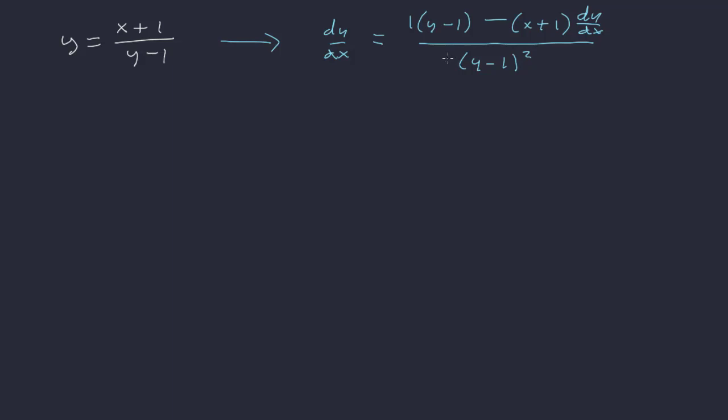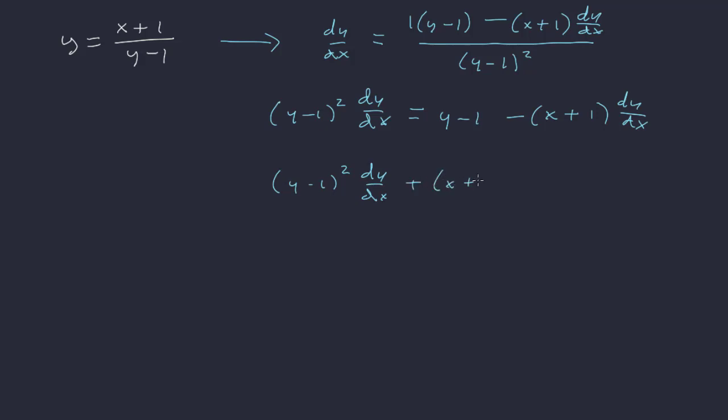Now, it maybe isn't the most difficult thing to do. You can move that y minus 1 squared over to get y minus 1 squared dy over dx is equal to y minus 1 minus x plus 1 dy dx. And then we can solve like normal. Move this whole thing over to this side to get y minus 1 squared dy dx plus x plus 1 dy dx is equal to y minus 1.